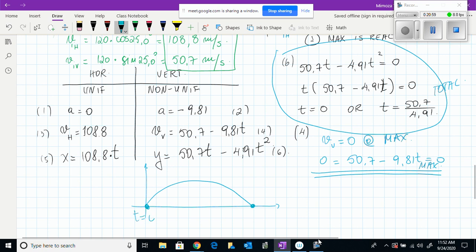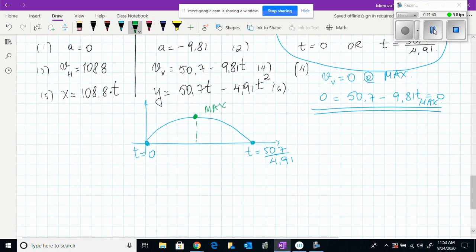So this is t equals 0, and this will be t equal to 50.7 over 4.91. When we are using equation 4, we are finding that moment where the velocity in the vertical axis is equal to 0. This time is actually in the middle of those two times. Make sense, guys? Okay.